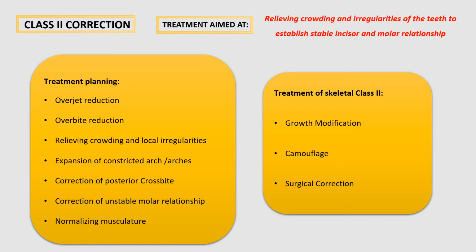So the treatment planning will include mechanisms for overjet reduction, overbite reduction, relieving crowding and local irregularities, expansion of the constricted arch or arches, correction of posterior crossbite, correction of unstable molar relationship, and also normalizing the perioral musculature. So the treatment of skeletal class 2 will involve growth modification, camouflage, and also surgical correction of one or more jaws.